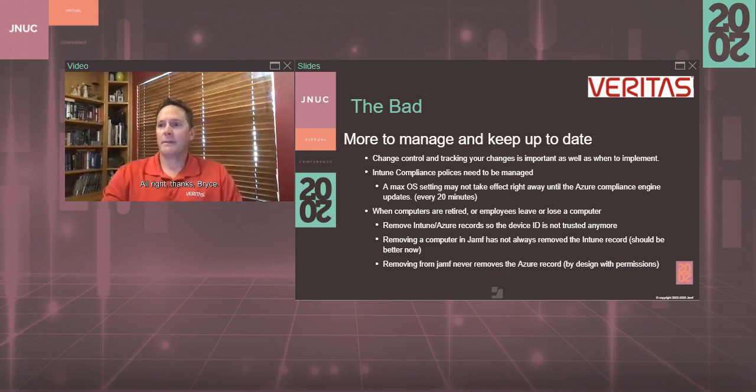All right. Thanks, Bryce. So, more things to keep up to date. If you want to put a minimum OS restriction or a maximum OS restriction and keep those fairly tight, because a new update to the OS needs to be tested because of your security software, for instance, you may want to limit 10.15.2 as your max OS until you know 10.15.3 is good.